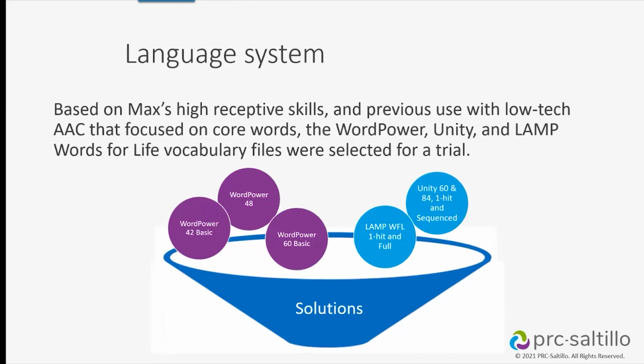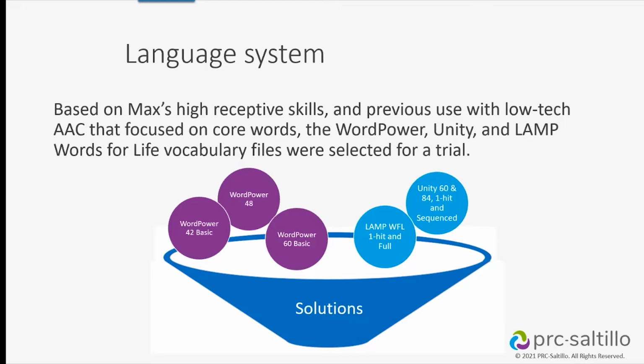Next, we wanted to look at Max's language skills. If we recall the information we gathered previously with our different tools and assessments, we know that Max has high receptive language skills, and they're much higher than his ability to express himself.